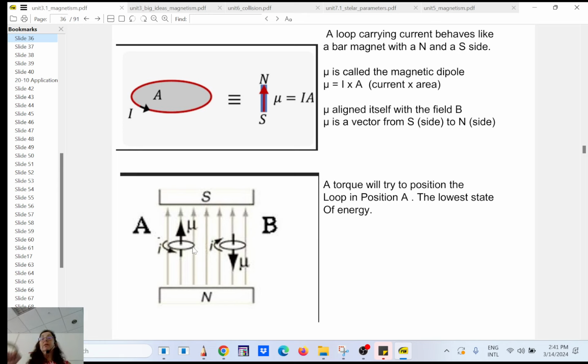A. Very good. When it aligns itself with the magnetic field, it has its lowest level of energy. You have to do work to force it against the magnetic field, and then it wants to go back. So the highest level of energy will be B and the lowest will be A. Do you agree?